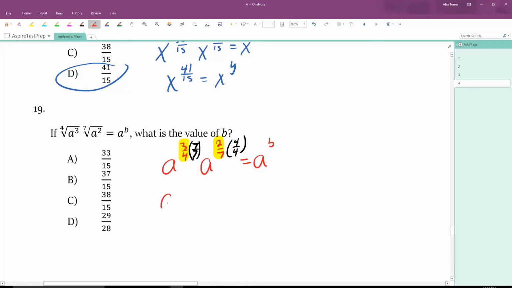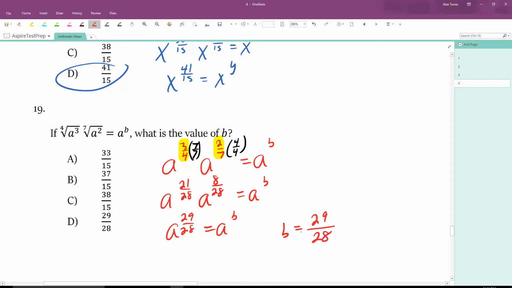Now we have a to the 21/28 and a to the 8/28 equals a to the b. 21 plus 8 is 29, so we have a to the 29/28 equals a to the b. Therefore, b equals 29/28, and that's choice D.